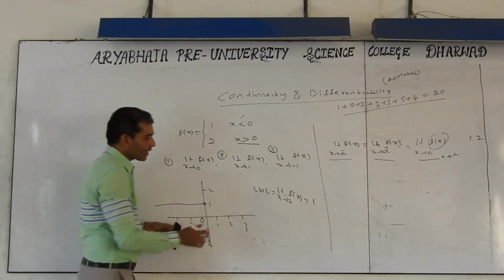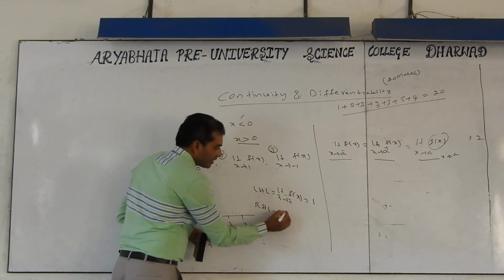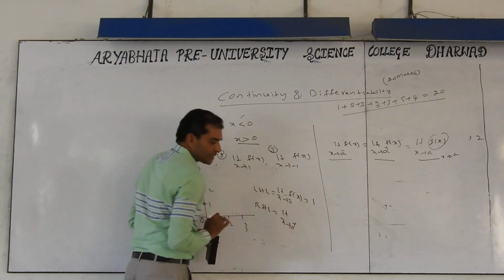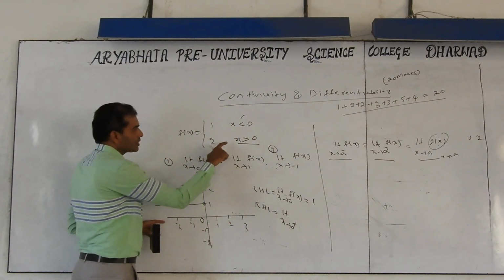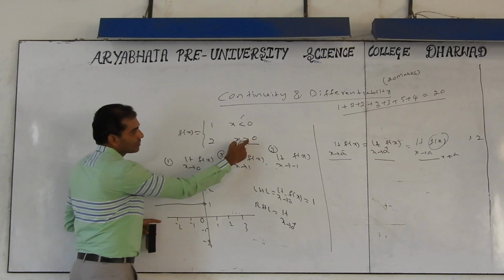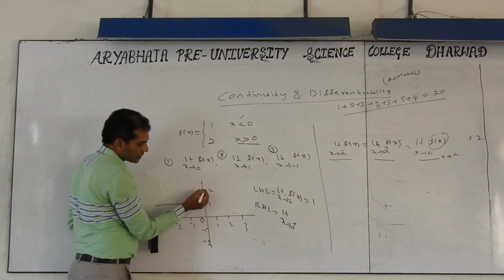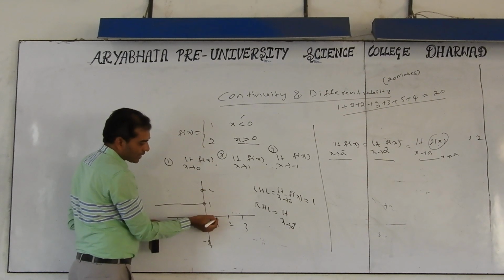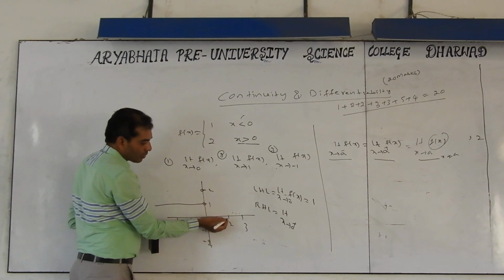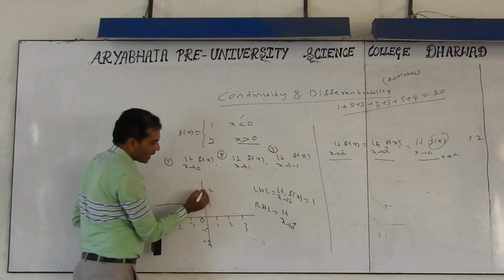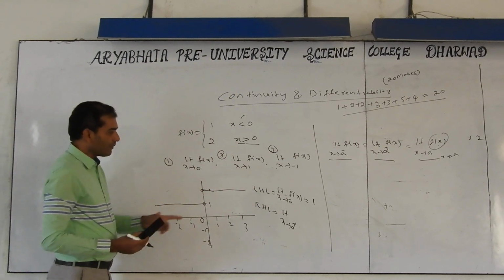Okay. Next, the right limit, RHL. Limit as x tends to 0 plus. Above 0, tell me, above 0. 2. Above 0 is this 2. 0.1, 0.2, 1 also comes above 0, and 2 also comes above 0. So, the left limit is 1.